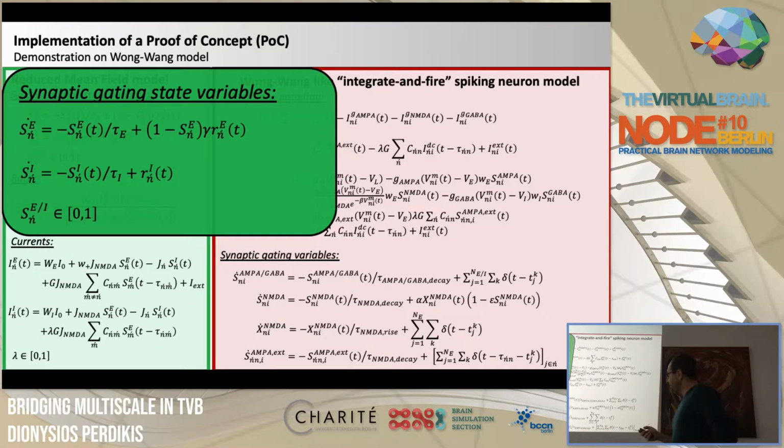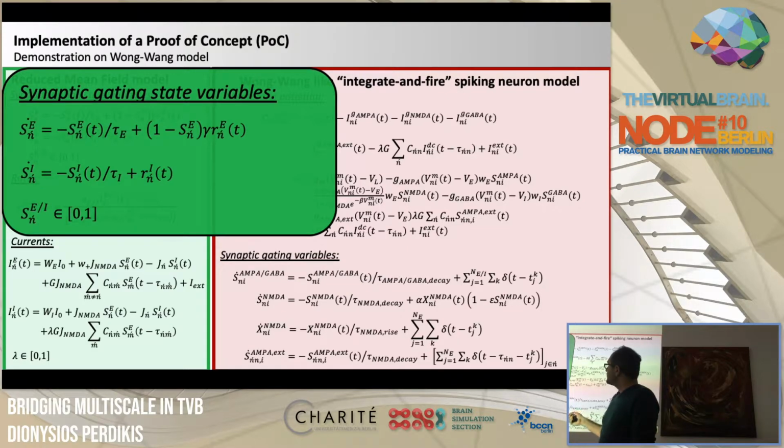The state variables of the mean field model are 2: one for the excitatory population, one for the inhibitory population. They are called synaptic gating state variables. Their biological meaning is that they act as a percentage of the channels that are open at all neurons of a population, so it's a number that goes between 0 and 1.